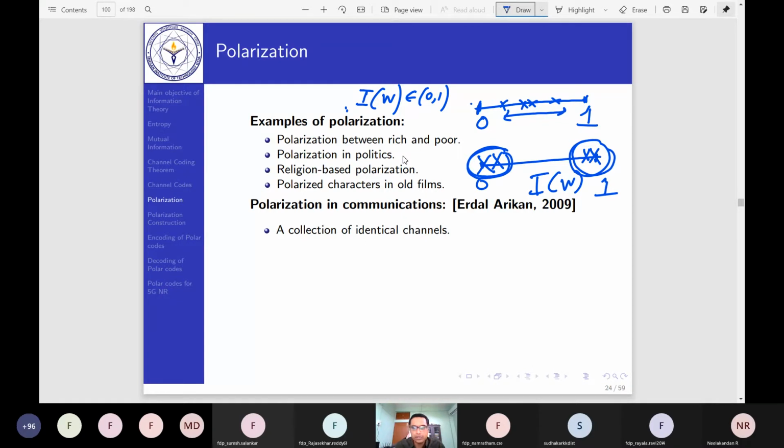We want to bifurcate the mutual information into 2 groups, near 0 and near 1. We do not want mutual information values in between. So what Erdal Arikan did was consider a collection of identical channels.